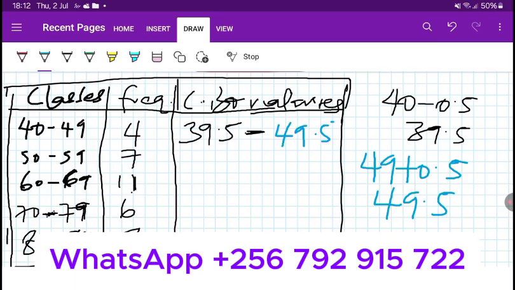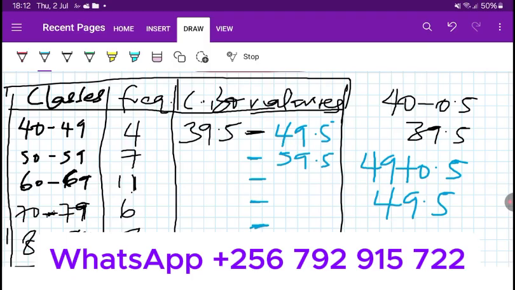Even here we do the same thing, but remember what I told you, that you can first get the upper ones. This is, of course, 59 plus 0.5, this will be 59.5.